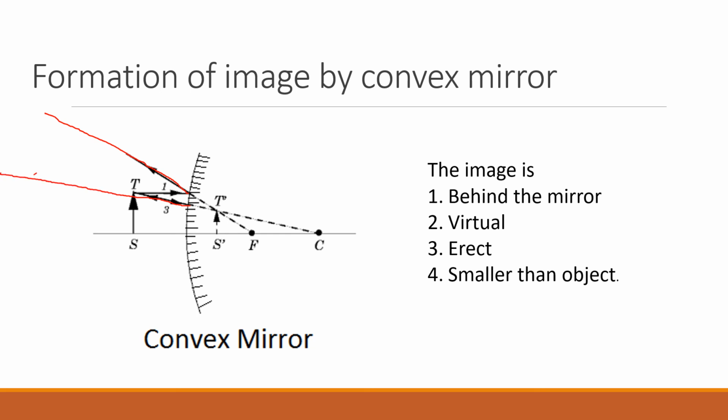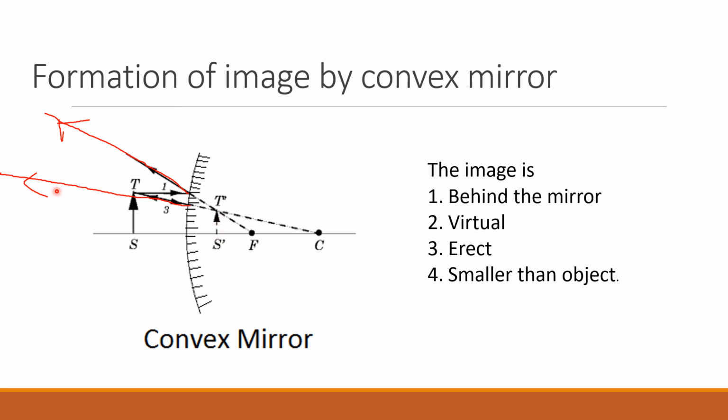Fine. Now tell me, will the two reflected rays intersect at any point? No. But if we draw the virtual lines, they seem to be intersecting at this point. Clear? So what kind of image will be formed? Listen very carefully.